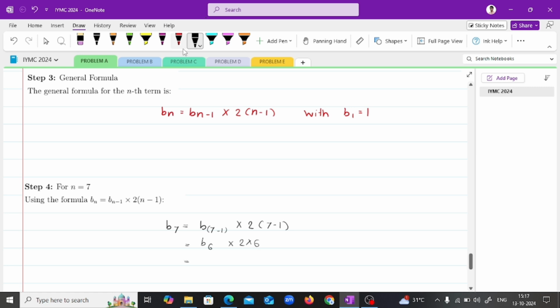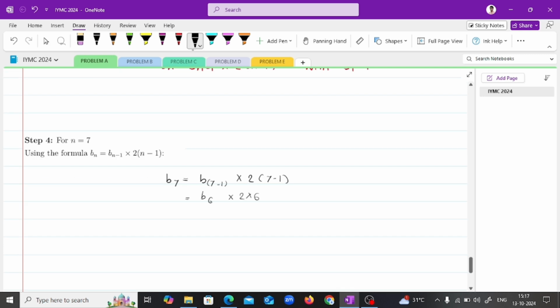The 6th term of this sequence is already given, right? 3840 into 2 into 6, which is nothing but 12. That is, we need to calculate the multiplication of 3840 and 12, which is nothing but 46080. And it will be the 7th term of this sequence.